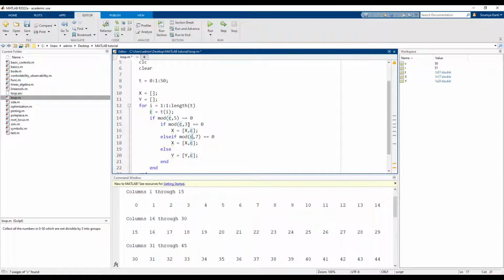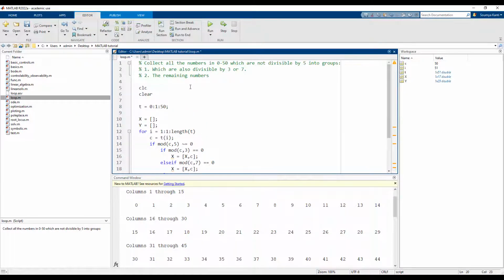So if it is divisible by 3, else if it is divisible by 7, then it will store C. Else, it will be stored in y. So that's how it is given in this function.